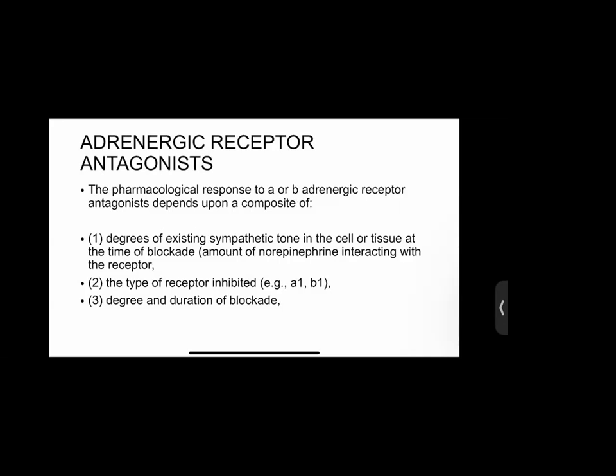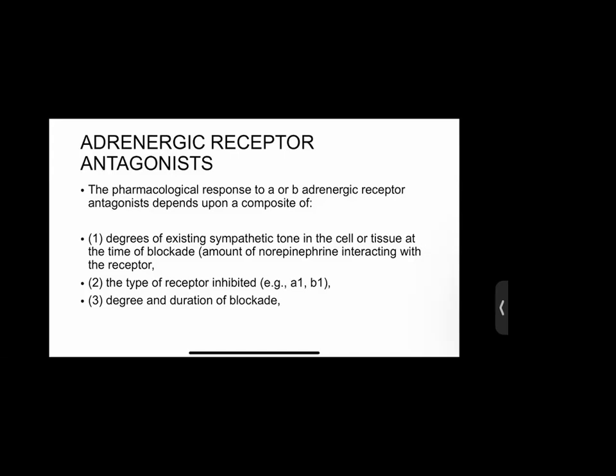Now, the pharmacological actions or responses to these adrenergic receptor antagonists, which could be alpha or beta adrenergic receptor antagonists, depend upon a lot of factors. One, the degree of existing sympathetic tone in the cell or tissue at the time of the blockade, that is, the amount of norepinephrine interacting with the receptors, and then the type of receptor that is inhibited.